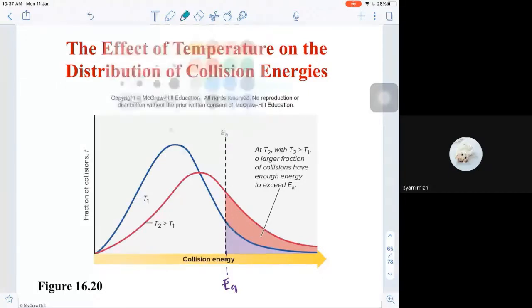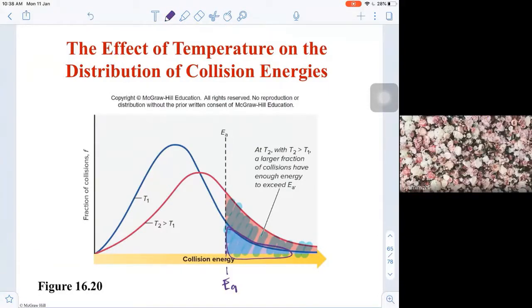The fraction that achieve EA is now greater than before, as compared to previously. So when the fraction of the collisions that achieve EA is greater, it means that the number of effective collisions increases, then the rate constant will increase, and the rate of a reaction will increase.